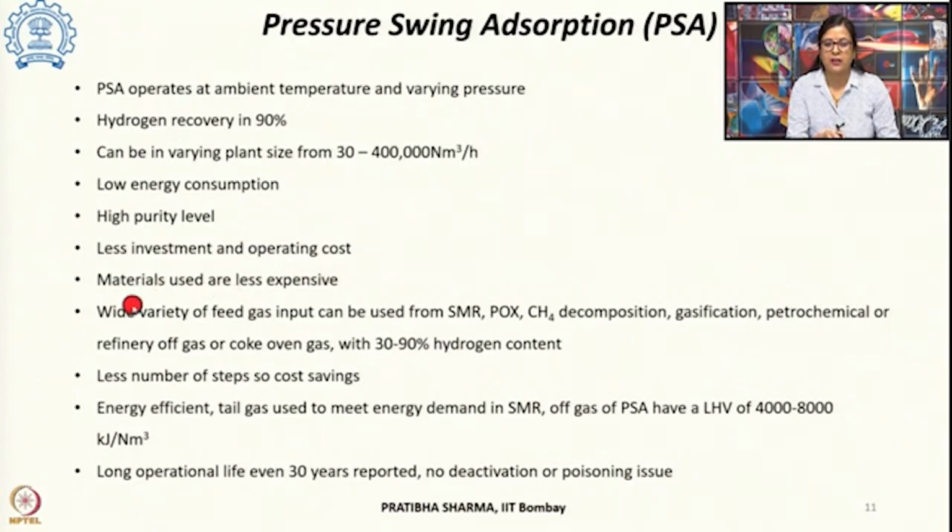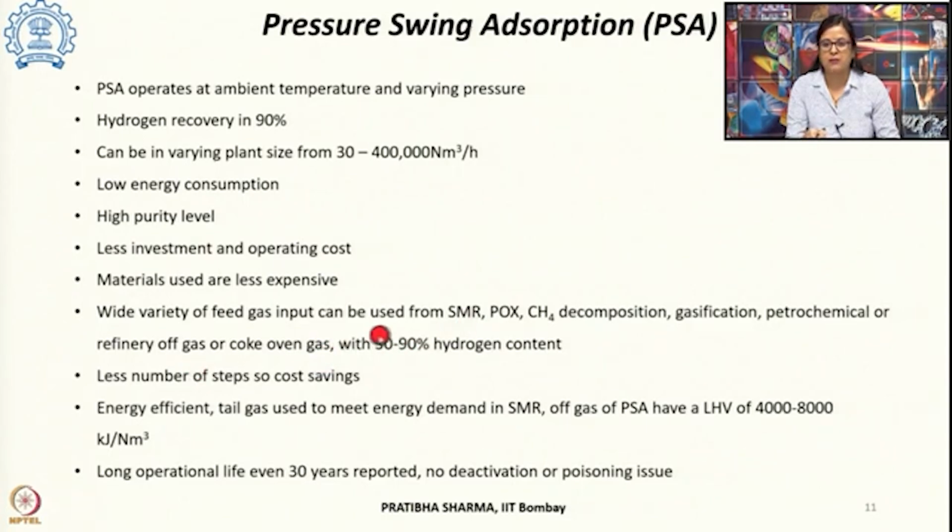The materials used as sorbent are less expensive, and a wide variety of feed gas obtained from various processes can be purified using this method, like the one obtained from steam methane reforming or partial oxidation or methane decomposition, gasification, petrochemical or refinery off gas, or even coke oven gas.